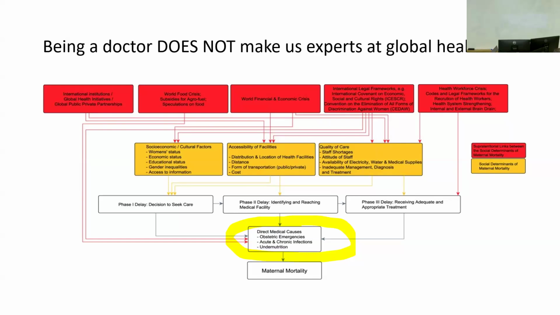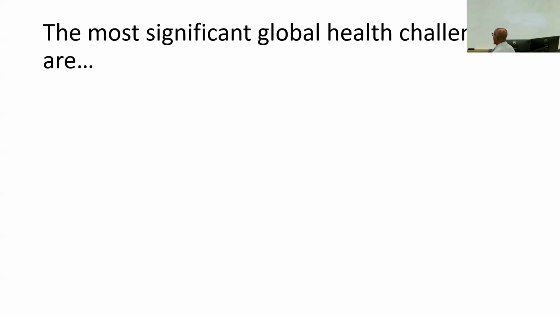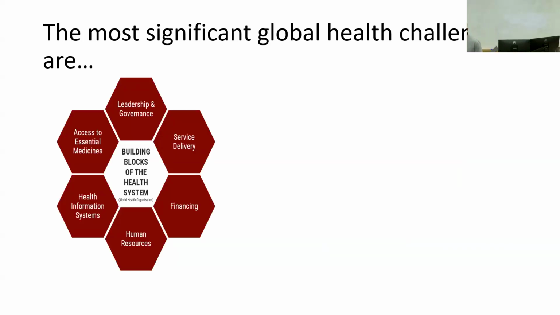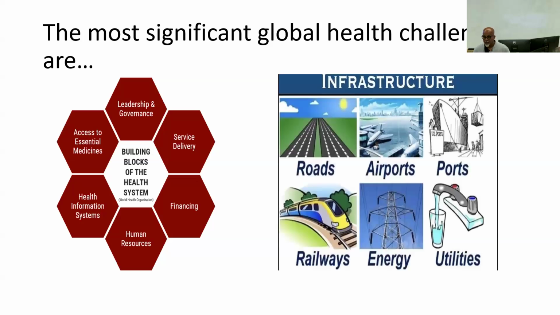What you're not being trained to think about are all the massive things that cause the problem in the first place: lack of housing, transportation, lack of a blood supply if she needs an emergency blood transfusion because she's hemorrhaging. We can go on and on and on. The most significant health challenges in global health, as I've told you, are about the health system, and they're about infrastructure. They're not about you being able to practice your craft like you're being trained to do. Does that make sense?